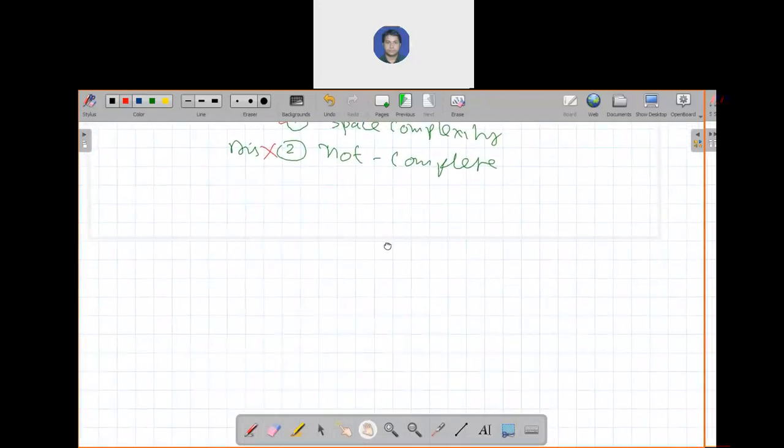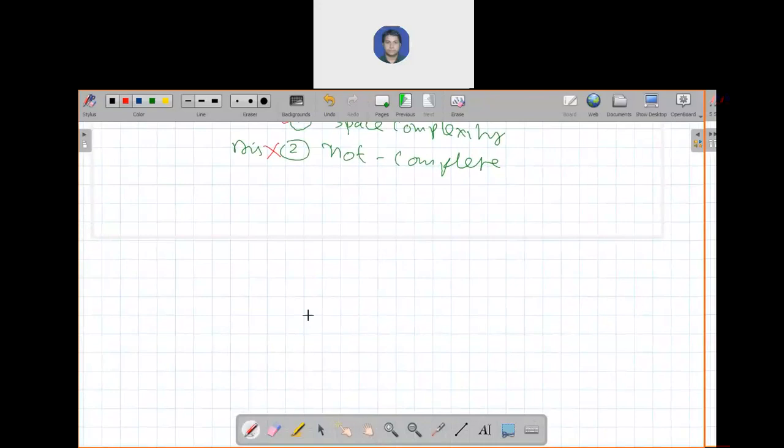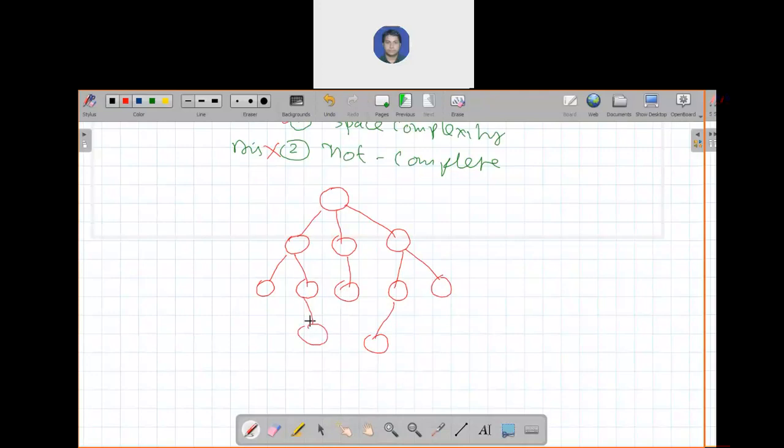Let me draw one graph. Let's say this is the graph.